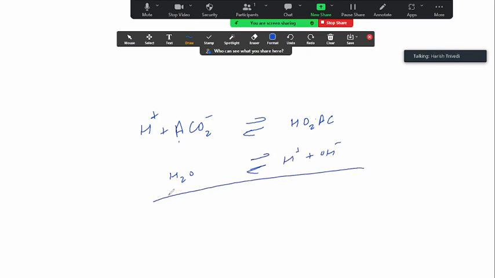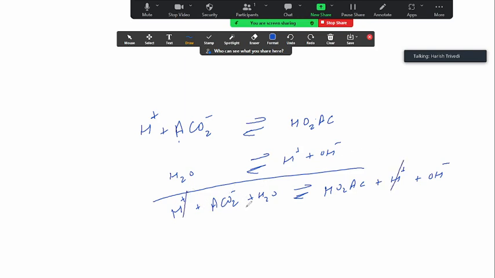If you add these two equations, you will get acetate ion plus water giving CH3COOH plus OH minus. Here H plus and H plus will be cancelled.